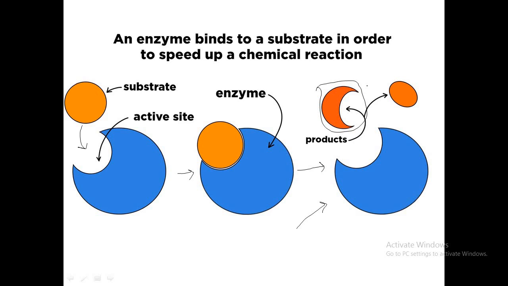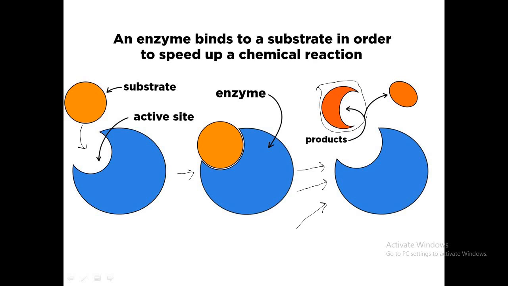If the expression is completely shut off, no enzyme will be produced and there is no product formation. Another way is if the expression is there but the activity is not. If we inhibit the activity of this enzyme, then also product formation will not take place. So these are the two different ways.